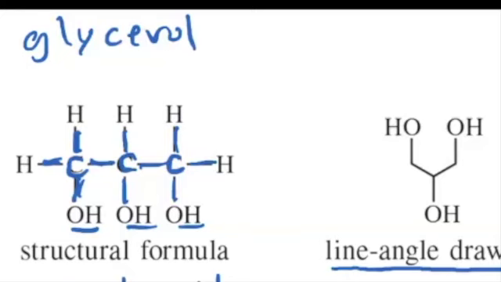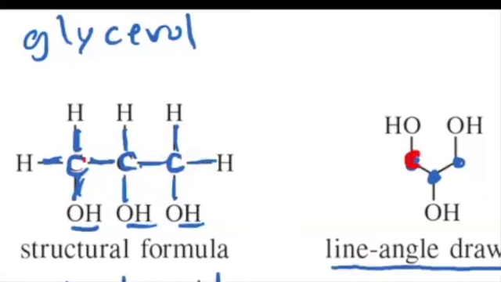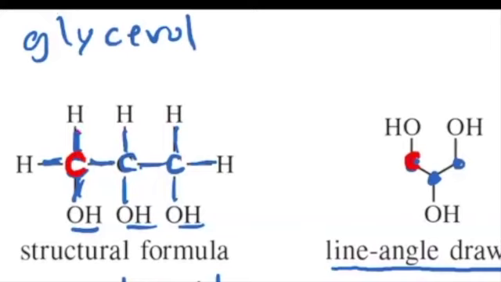Okay, so this would be an example of a carbon atom at this intersection, or this carbon atom at this intersection, or this carbon atom at that intersection. And these are equivalent to these carbon atoms. So this carbon atom here is equivalent to this carbon atom here that has 4 bonds coming out of it. One bond is to an OH group, so that's this OH group, and then one bond is connected to the rest of the molecule, which is this other carbon.